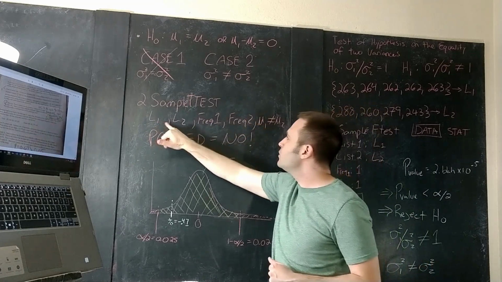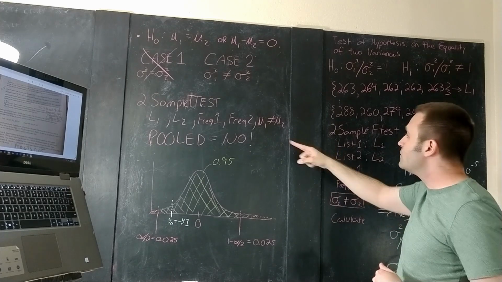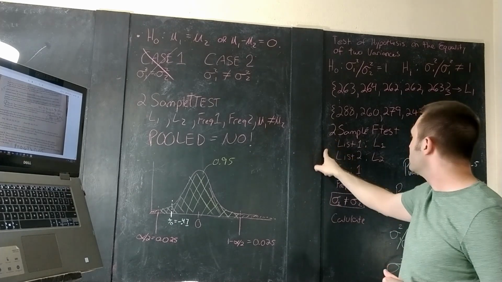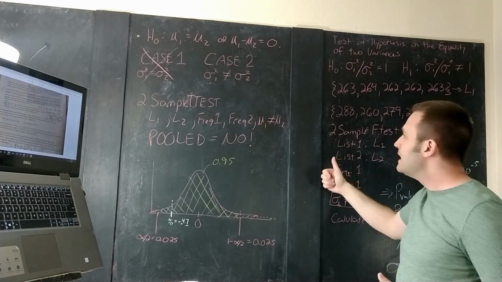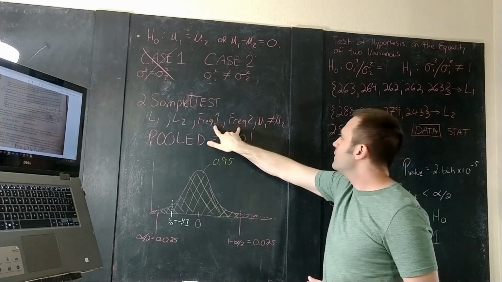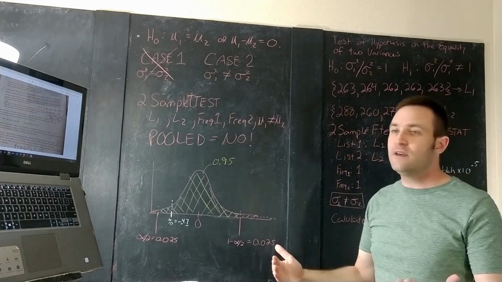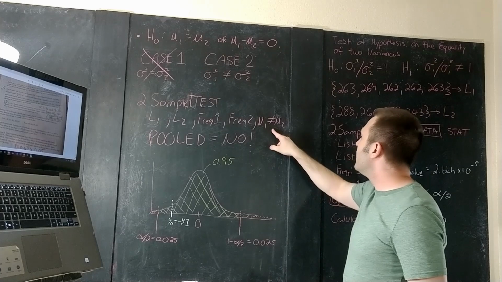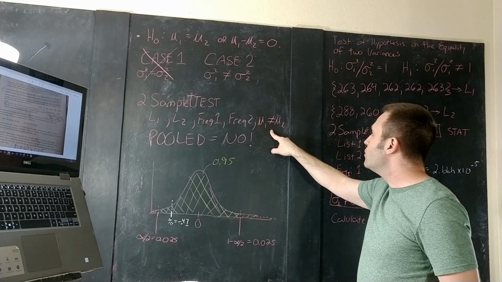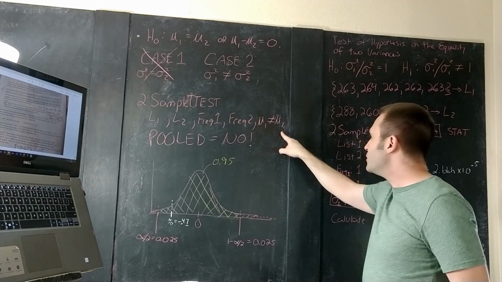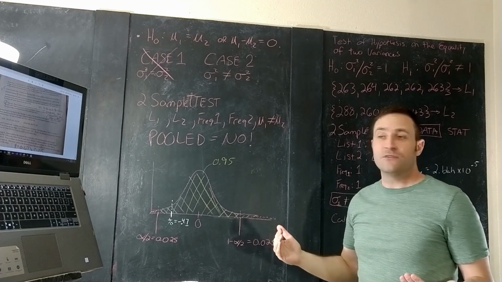Okay, so now we are going to go and find our 2-sample t-test, and we're going to make sure that list 1 and list 2 values are entered for our list 1 and list 2 fields respectively, just like in the 2-sample f-test. And for the frequency 1 and frequency 2 fields, we're going to make sure that the value 1 is entered there. And at the bottom, we're going to choose the option mu1 not equal to mu2, which tells the calculator we're going to do a 2-sided hypothesis test.